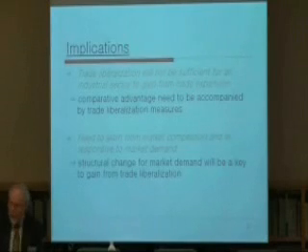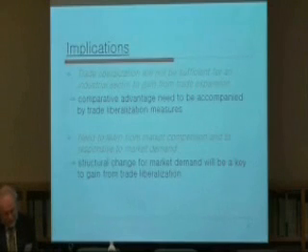Another talking point might be that trade liberalization or increasing trade volume might not be sufficient for some industrial sector to gain from trade expansion.